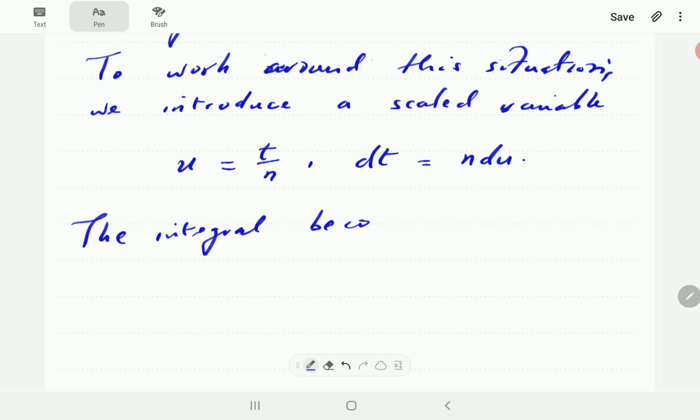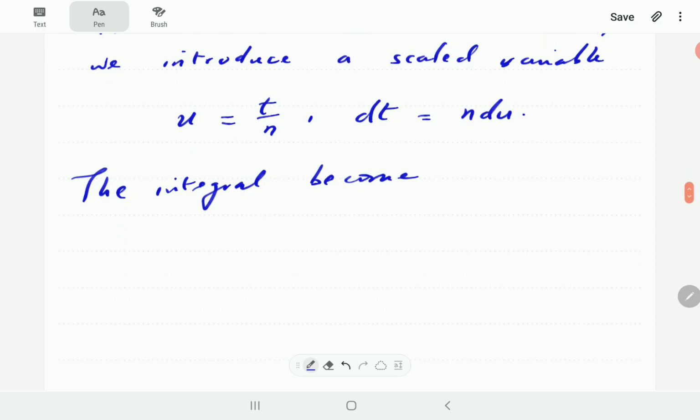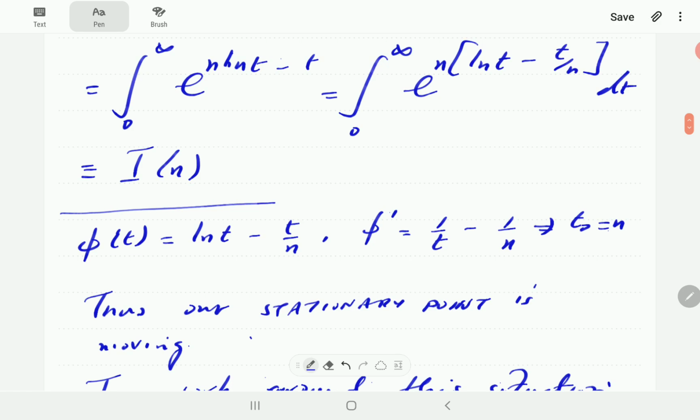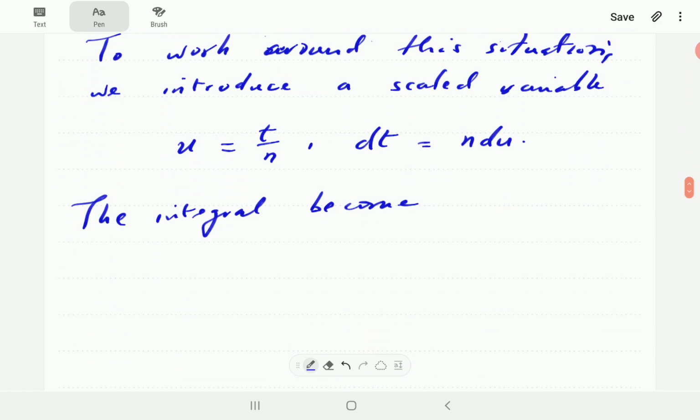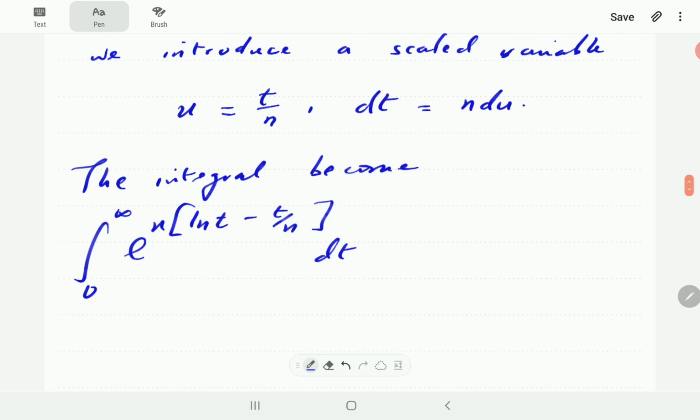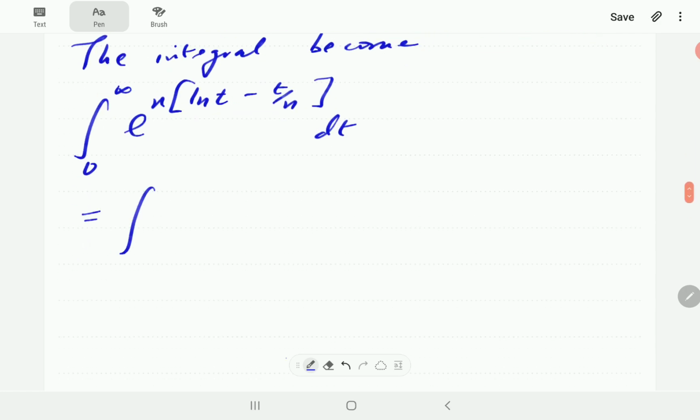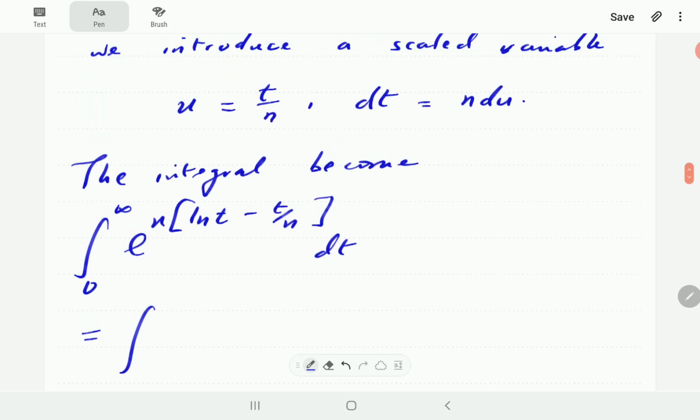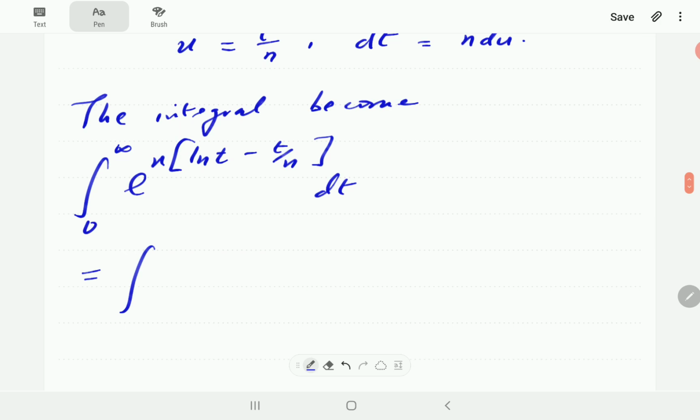Then our integral is going to become, so we had the integral from 0 to infinity e to the power n into ln t minus t over n dt. When t is 0, u is going to be 0, and as t goes to infinity, u is also going to go to infinity.